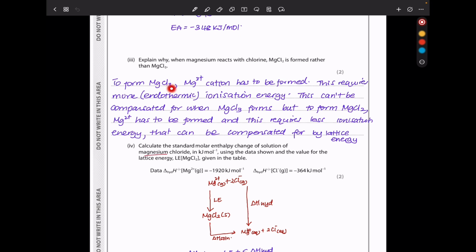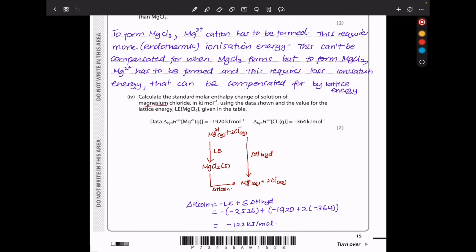So I say to form MgCl3, Mg3+ cation has to be formed, and this requires more endothermic ionization energy. This can be compensated for when MgCl3 forms, but for MgCl2, Mg2+ has to be formed, and this requires less ionization energy that can be compensated for by lattice energy.